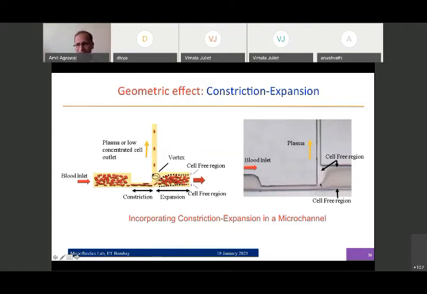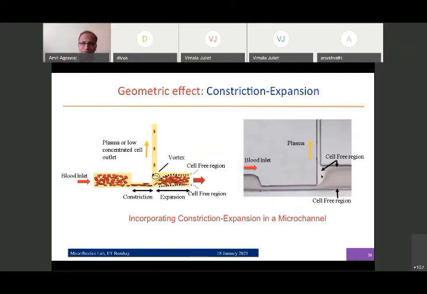And that's what you would see happening. So you can see that there is a very clear cell-free region which is formed. This is a more whitish region as compared to this darker region. This darker region is where the cells are flowing, and this whitish region is where the plasma is coming out. And then you can connect a side branch, and you can skim out the plasma from here.